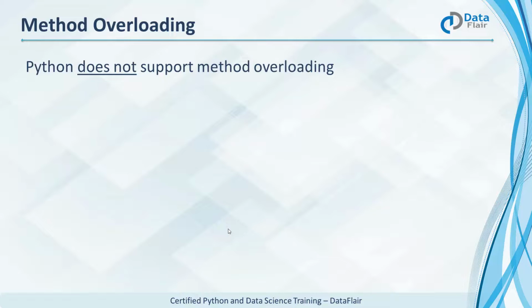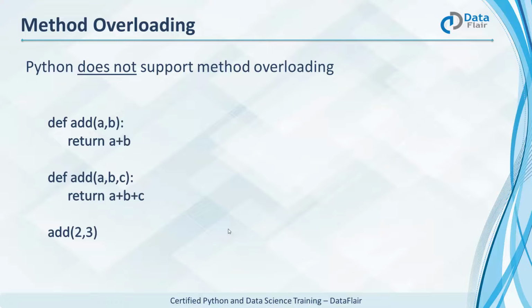Unlike C++ or Java, Python does not support method overloading. We have two methods with the same name, add. Assume that these are in a class and not stray. One of these adds two numbers, the other adds 3. What is add of 2 and 3?